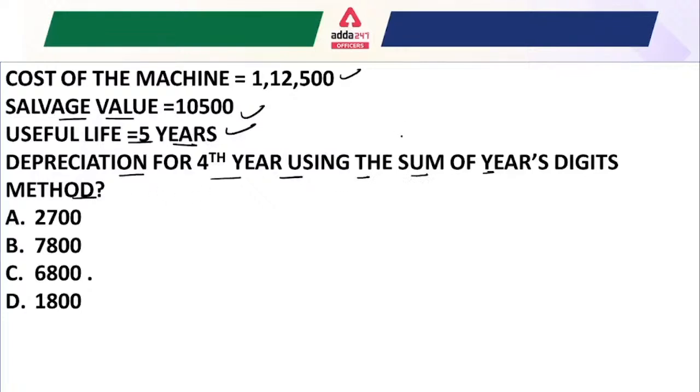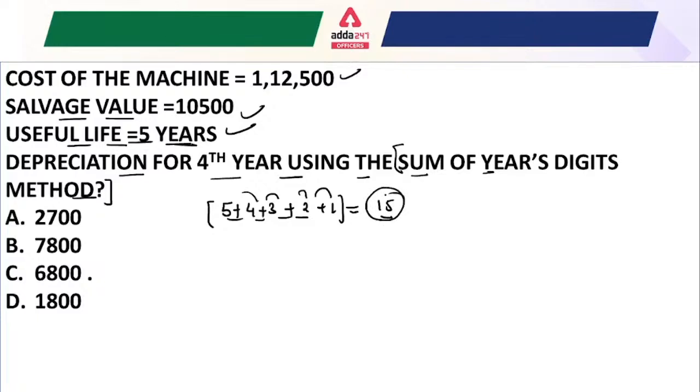As the name itself represents, here we have to calculate the summation of all the years of the useful life given in the question. Here the useful life is 5 years, so we start with 5 plus 4 plus 3 plus 2 plus 1, and the summation of all those years will be equal to 15.